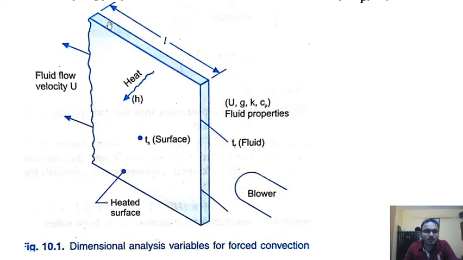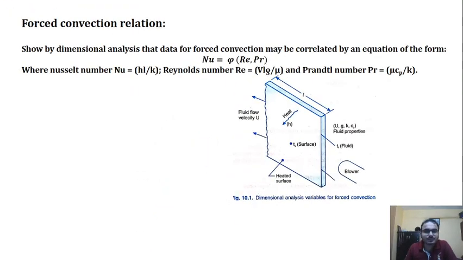The length of this plate is L, the fluid flow velocity is capital U, the fluid temperature is Tf, the surface temperature is Th, and heat is passing from this hot plate to the air, and the heat convection coefficient is small h. There are other fluid properties present like mu, rho, k and Cp that we will see. So this is the figure for the forced convection relation.